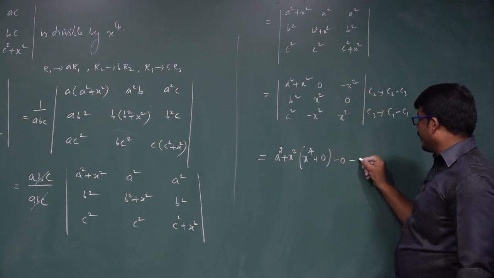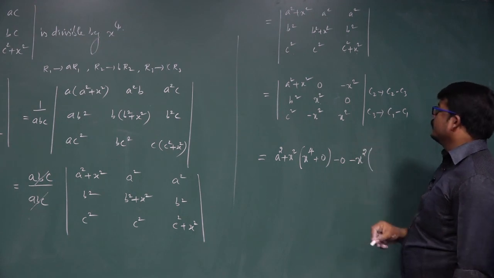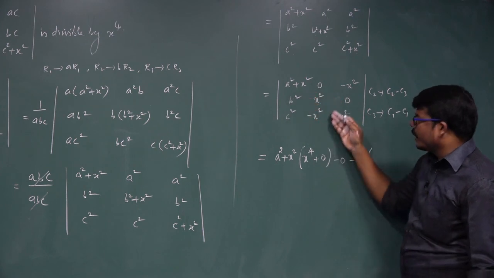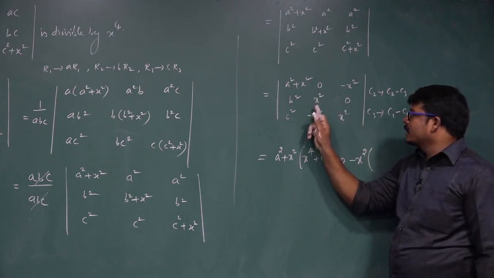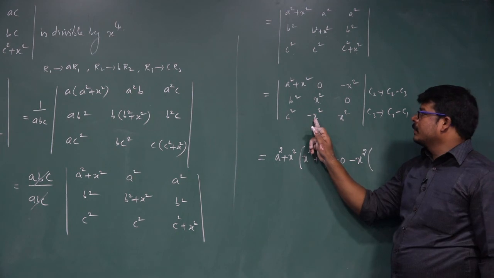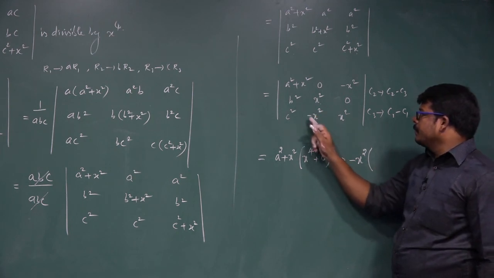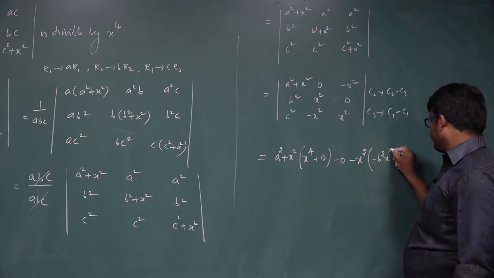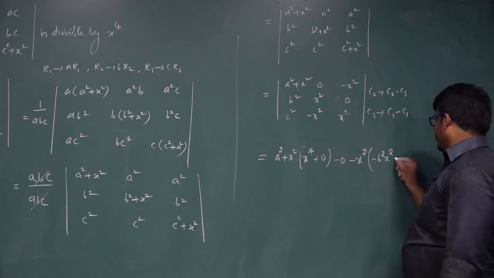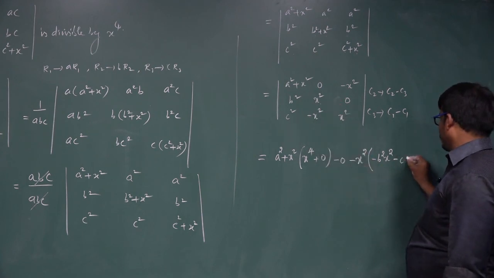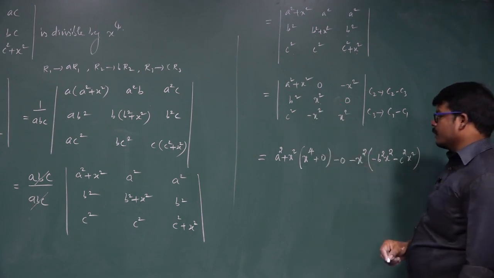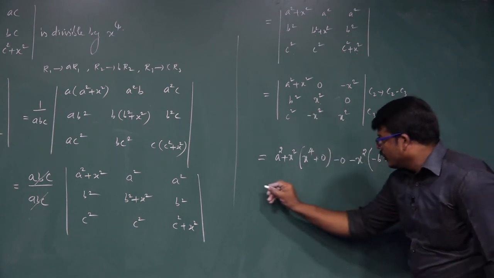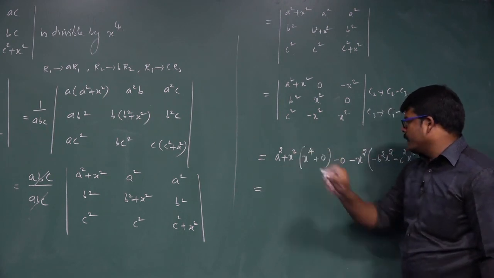Next element is minus x square. Taking the element minus x square, its column and row are eliminated, getting the minor matrix b square, x square, c square, minus x square. Now multiply: b square times minus x square is minus b square x square, and c square times x square is c square x square. Now multiply this value.